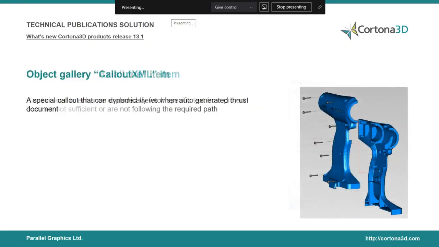Let's move on. Next, a new item, also Axial line. If you're familiar with explosion wizard that quite often used in Rapid Catalog, for example, sometimes the auto-generated so-called thrust lines or axial lines are not sufficient, or they're not following a specific path that you want.